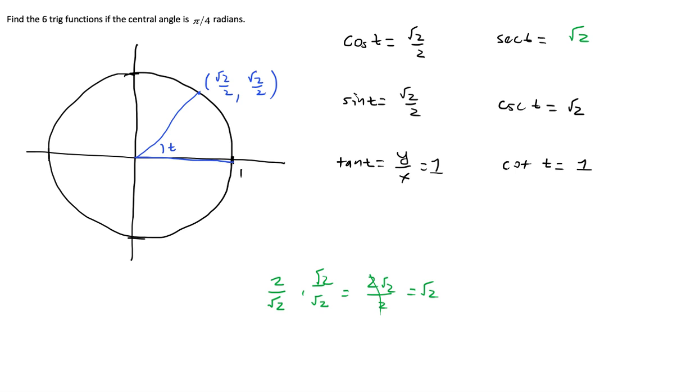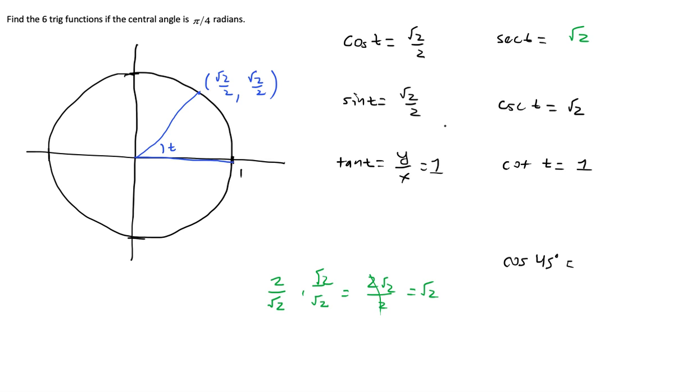So in your calculators, make sure you're in the correct mode. If you're in degree mode and you hit cosine of 45, you should actually get this numeric result here. What do I mean by this numeric result?